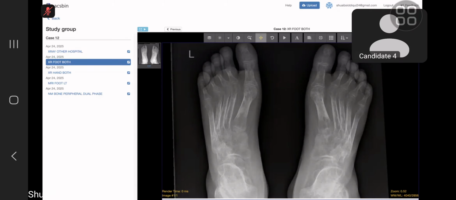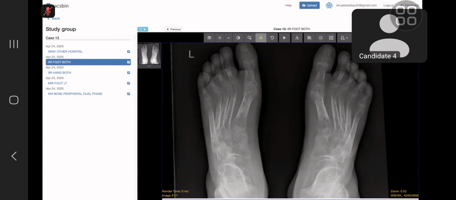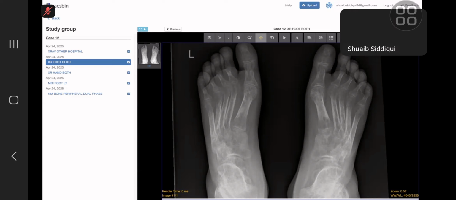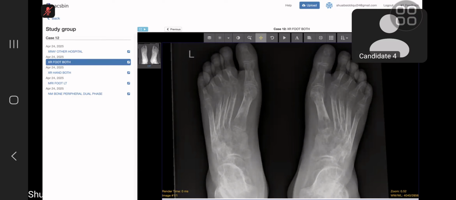Give me your most likely differentials here. What do you think is most likely going on? So some erosive process, but I'm not seeing any marginal erosions. But it is symmetrical. The disease is symmetrical, and there is a periarticular osteopenia. And tarsal involvement specifically.